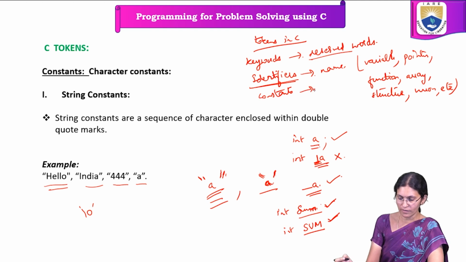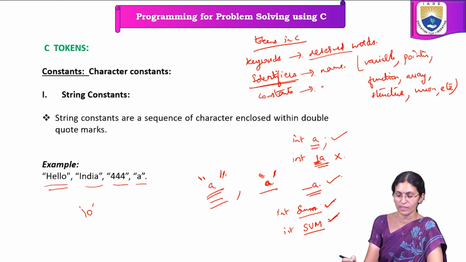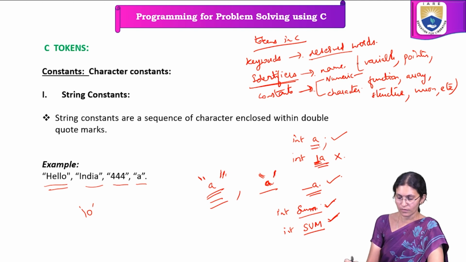Next is constants. What are constants? Constants are those whose values are fixed throughout the execution of the program, so their values cannot be changed. We have seen that there are two types: numeric constants and character constants.